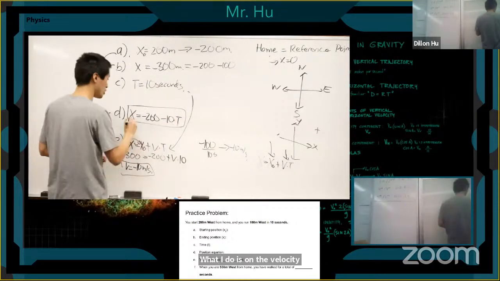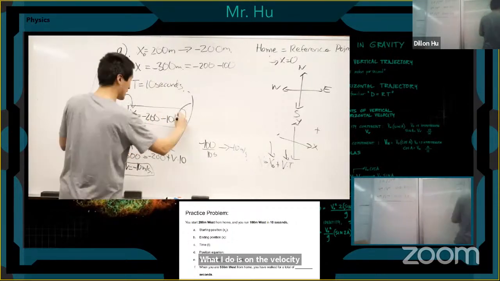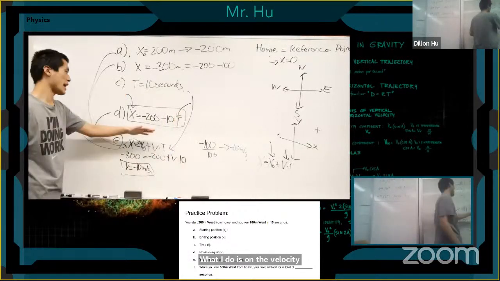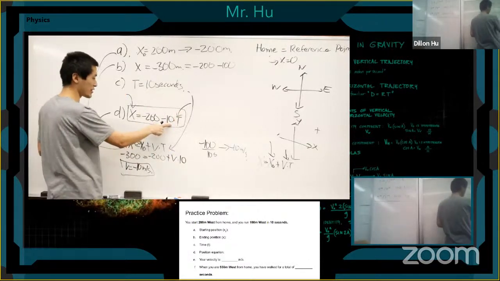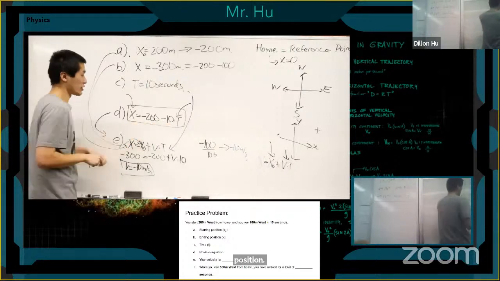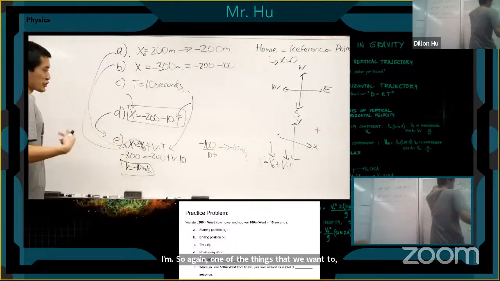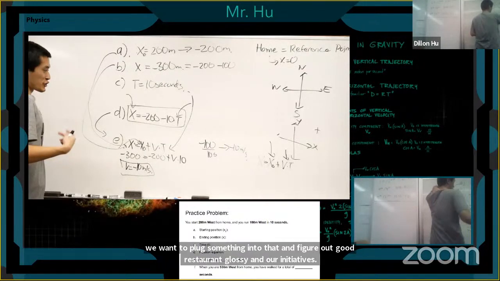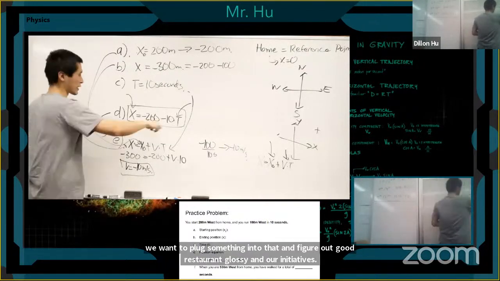We want to leave our x's unknown and our times unknown, because we want to plug stuff into those. Our velocity is always going to stay the same, and our initial position is always going to stay the same. So in general, the format for your position equation looks something like this, where you want to know your velocity and your initial position, and you use those methods.